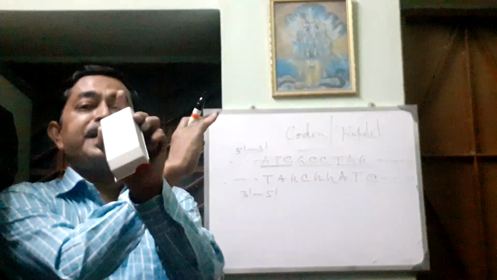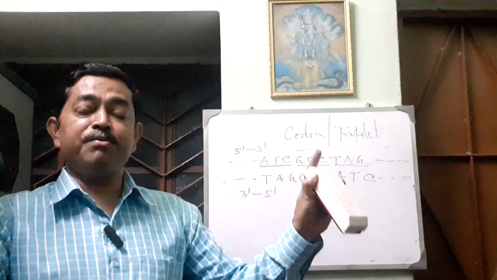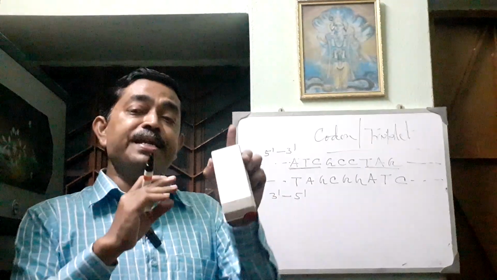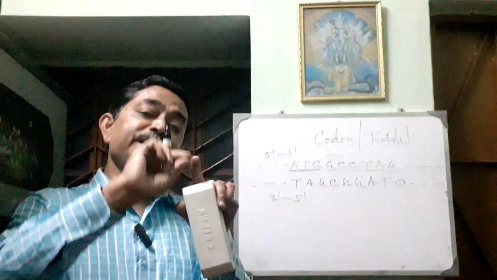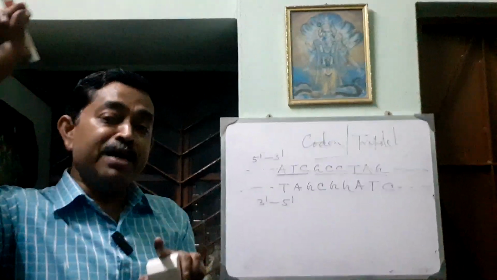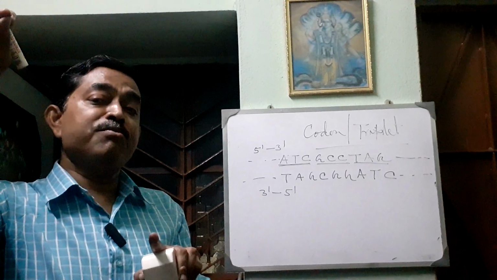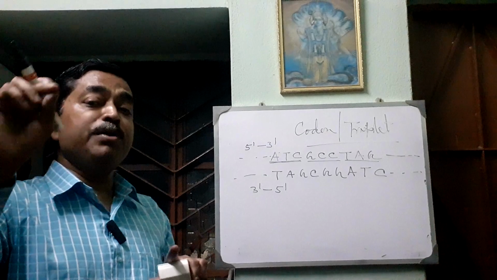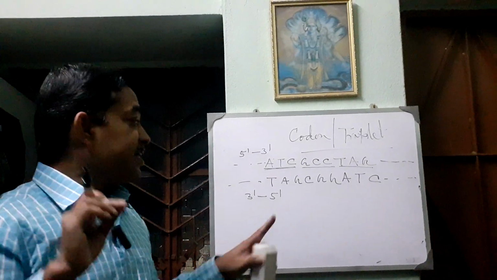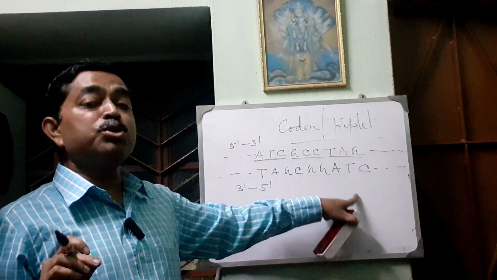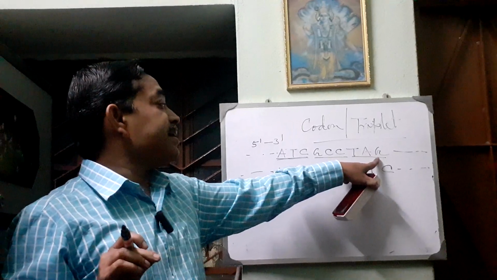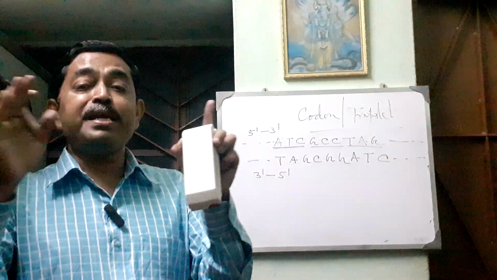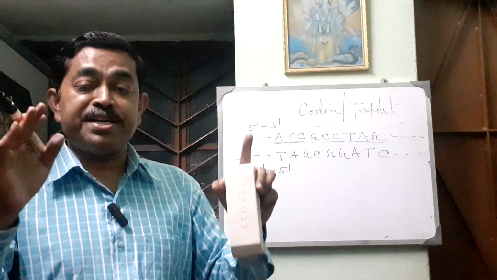This double strand structure will be separated by some means like heat, and then it will be read to produce the mRNA, messenger RNA, for protein synthesis, which is called translation. I will discuss it later. The strand that is read to produce the mRNA is called the sense strand.